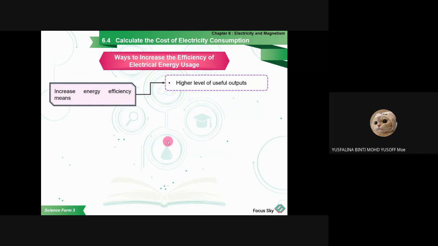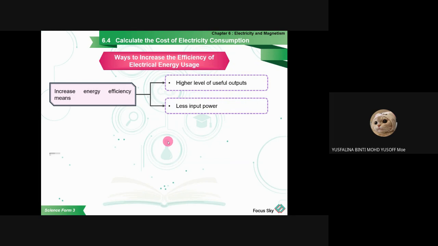So this one is ways to increase the efficiency of electrical energy use. Increased energy efficiency means you have a higher level of useful output. Just now we compared the bulbs, and you can see the LED is 90%, so this one has the higher level of useful output. So you increase the useful output of energy to increase the efficiency, with less input power.